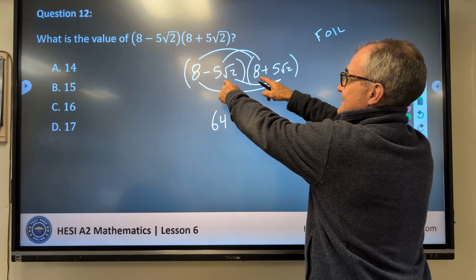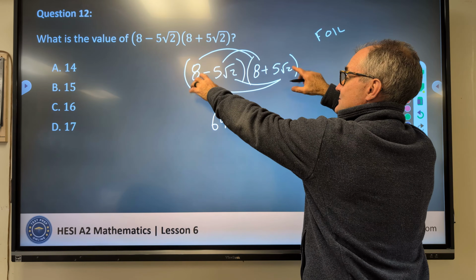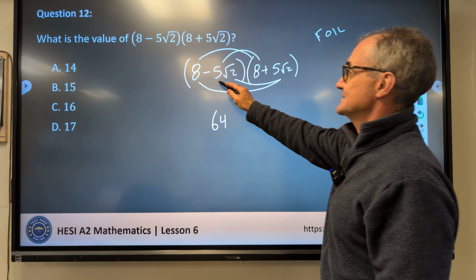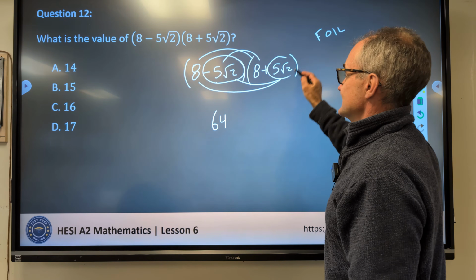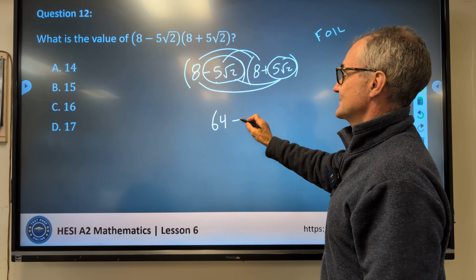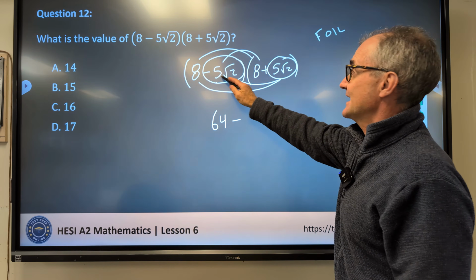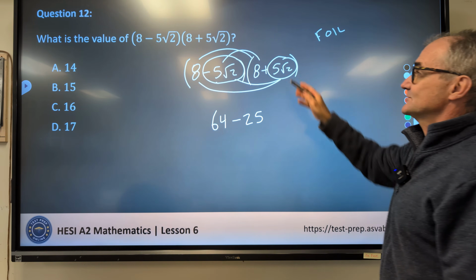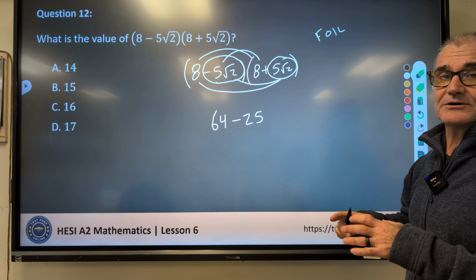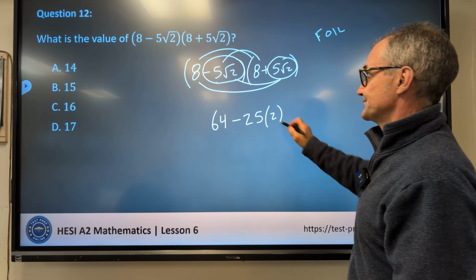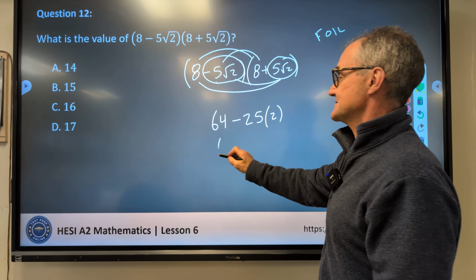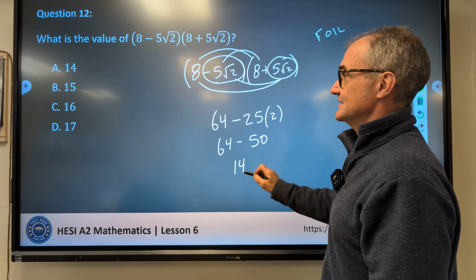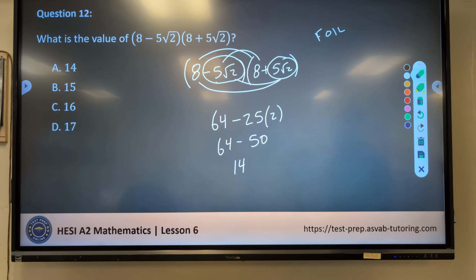I have negative times a positive, so it's going to give me a negative. I got 5 times a 5, which is 25. And then I got a root 2 times a root 2, which is a root 4, or just a 2. So then I have 64 minus 50, 14. Correct answer, answer A right there.